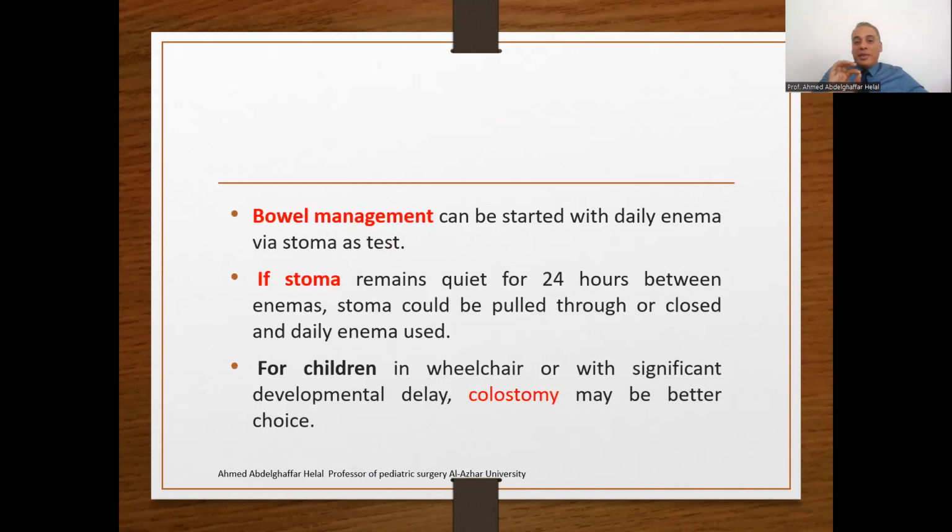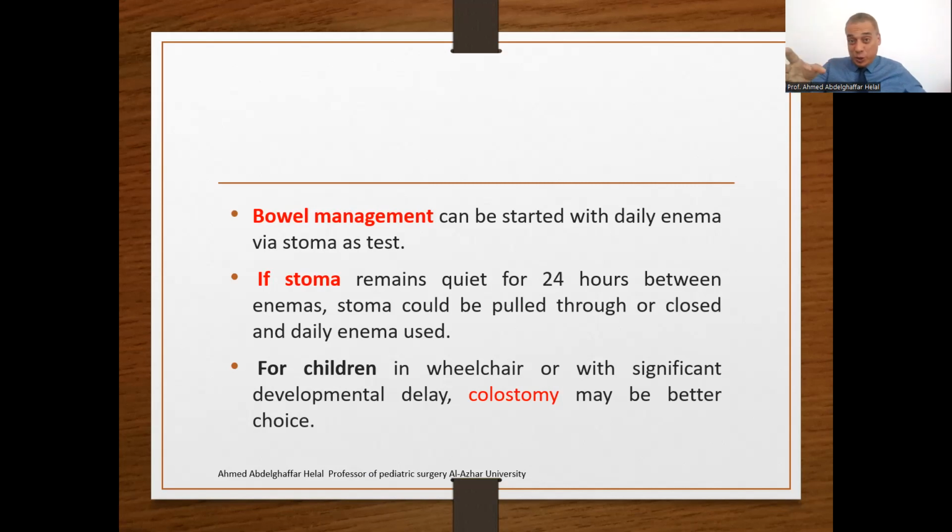However, to judge, the bowel management can be started through the stoma. If the stoma remains quiet for 24 hours between enemas, the stoma could be pulled through or closed. So to decide, you must start bowel management from the stoma. If this stoma remains clean for 24 hours between enemas, it means that you can close the stoma or pull it down.